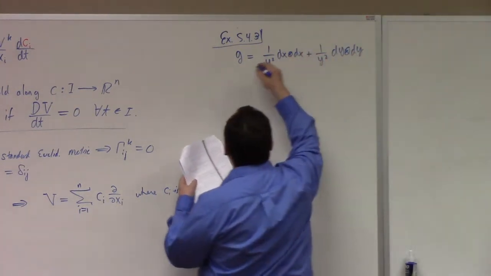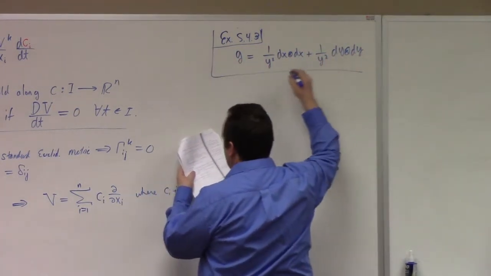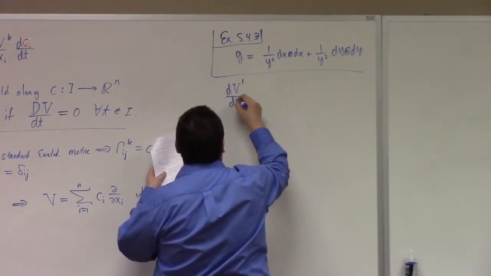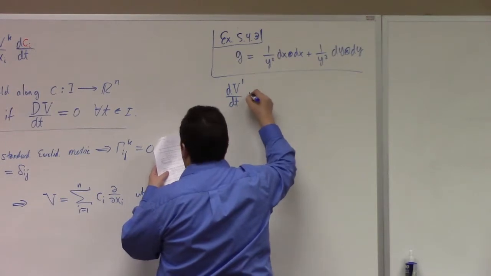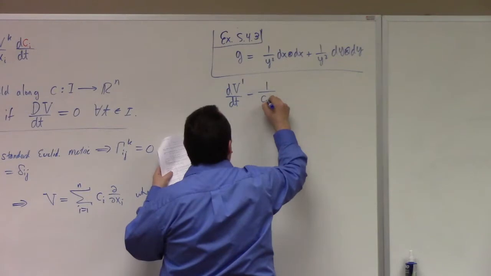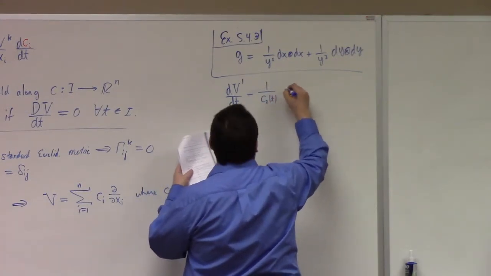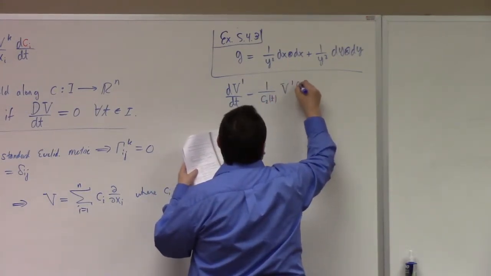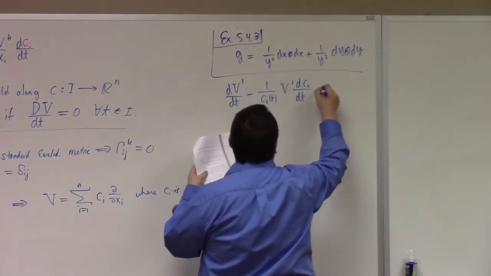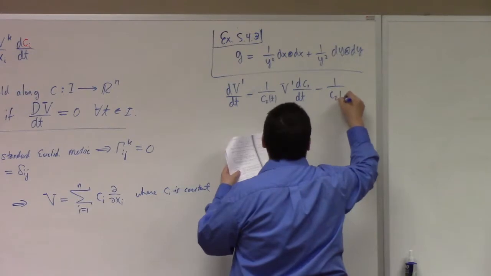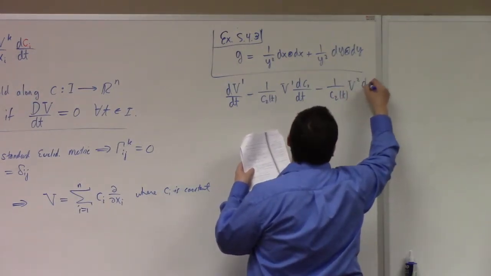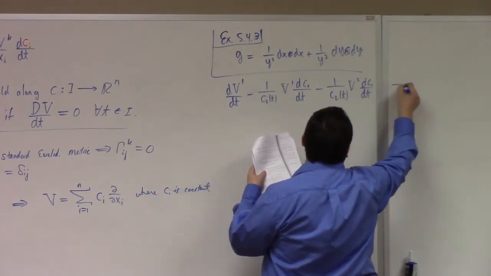And if you work through the conditions, you get dv^1/dt minus 1 over c^2 of t, v^1 dc^2/dt minus 1 over c^2 of t, v^2 dc^1/dt equals 0.